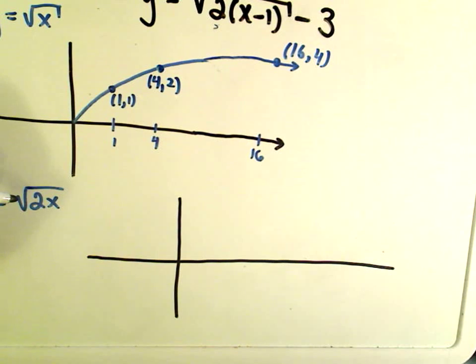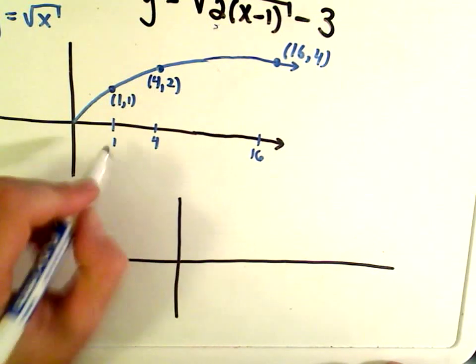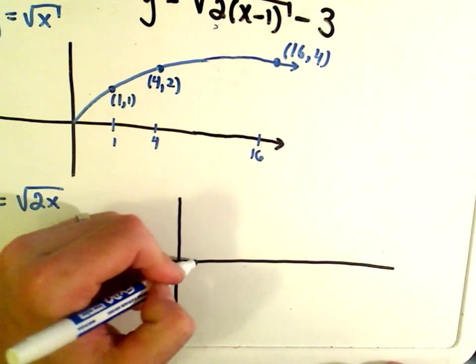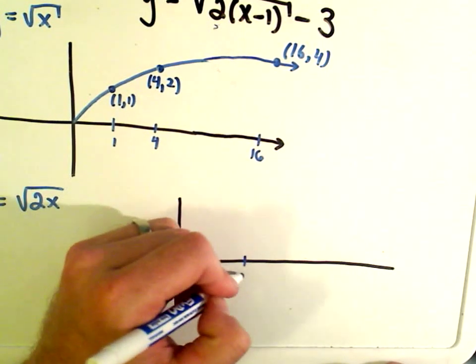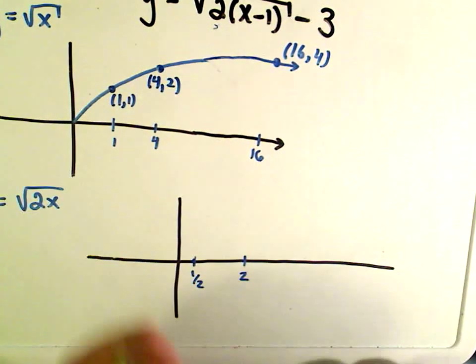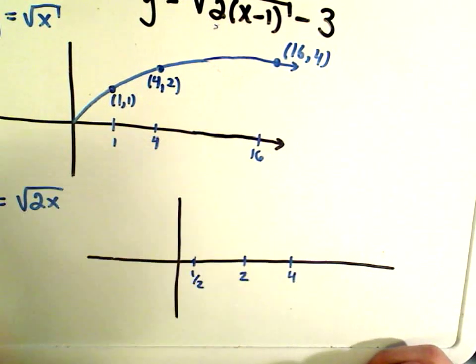So this graph is going to get compressed by a factor of 2. That means I take all the x coordinates. Instead of being at 1, it'll be at 1/2. Instead of being at 4, it'll be at 2. Instead of being at 16, it'll be at 4.